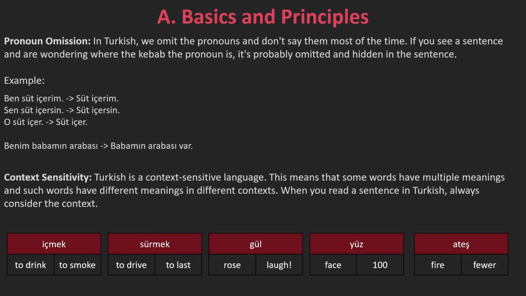So you will need to learn different meanings of the words, and you need to be always careful with the context. That's why I keep saying that in Turkish, context is your friend, and when you want to understand a sentence, do not take it out of the context.